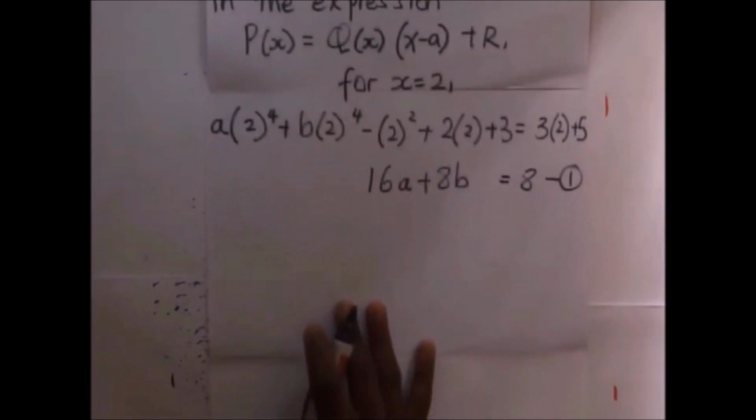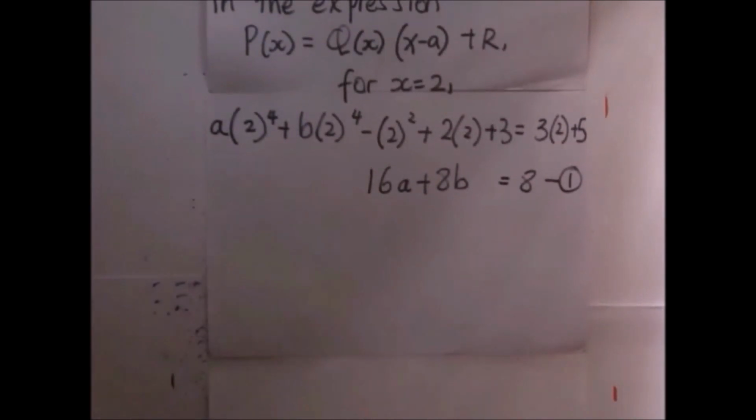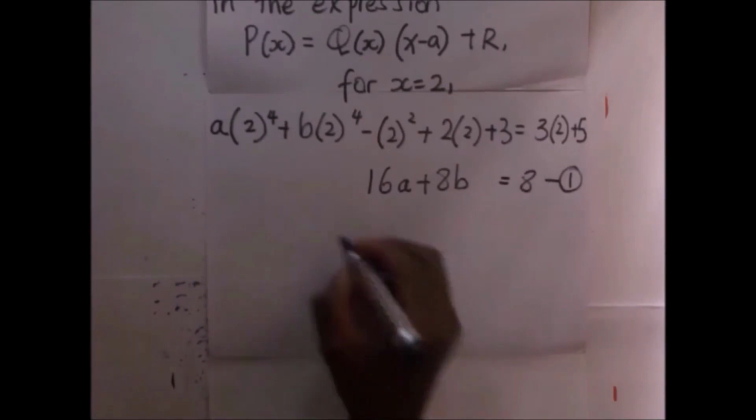That's our first equation. Then in the second equation, we are still going to substitute in that same expression for the value of x, which is going to be -1.